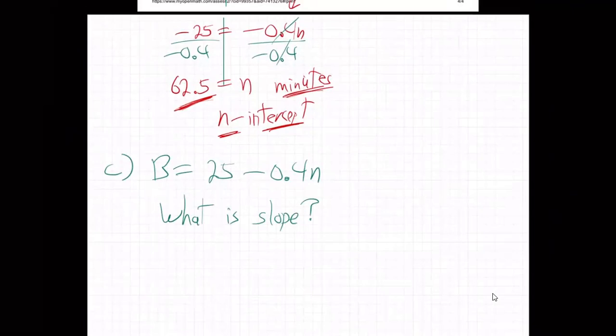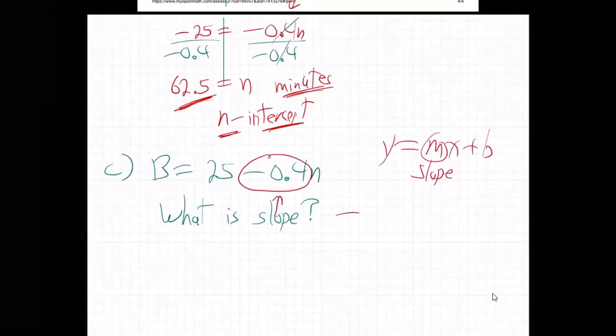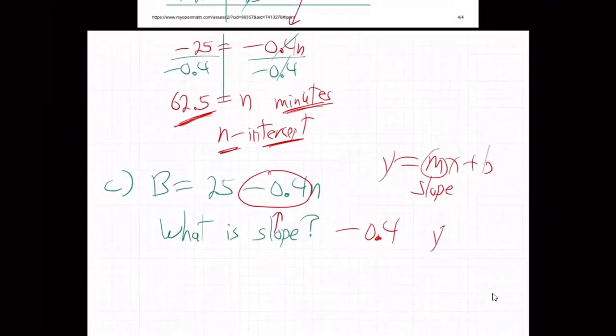Remember it's y equals mx plus b. The slope is right there, on the other side next to the variable. There's the slope, negative 0.4. And what are the units on the slope? Well, remember slope is always y2 minus y1 over x2 minus x1.